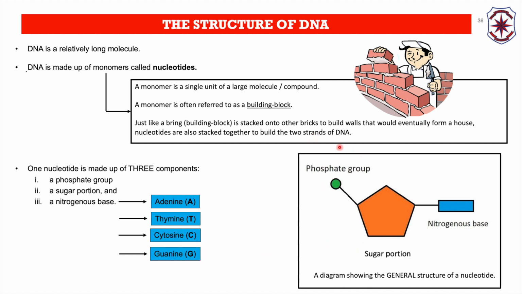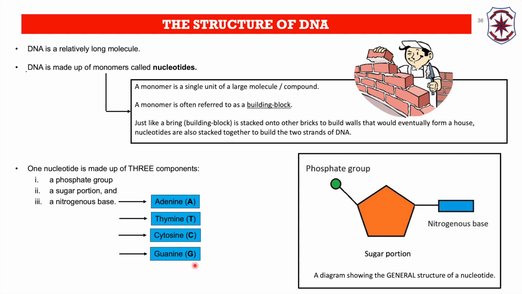Now, phosphate group, sugar portion, nitrogenous base. So the nitrogenous base can either be, remember, one nucleotide carries only one nitrogenous base. So that nitrogenous base can either be adenine, thymine, cytosine, or guanine.